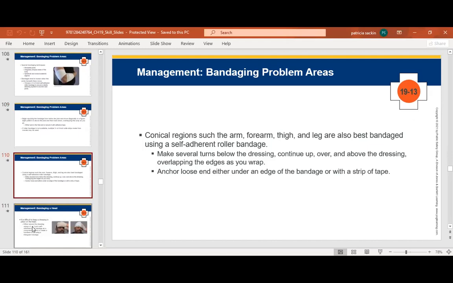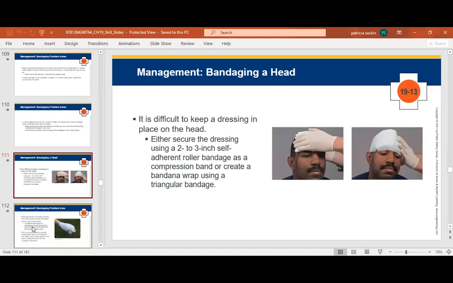Anytime there are movable body parts, it's hard to figure out, and you just have to do the best you can to keep them immobile. All right. You may have to just keep it in place by hand and then secure it with other dressings.